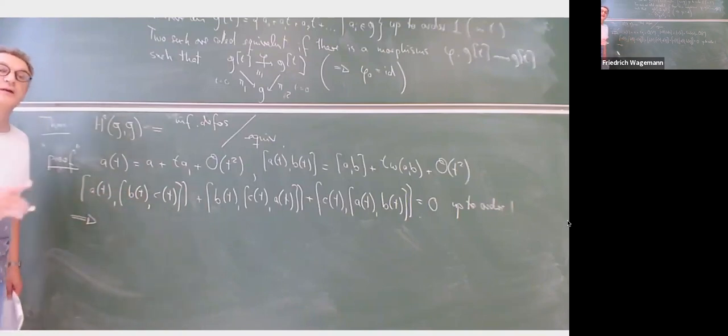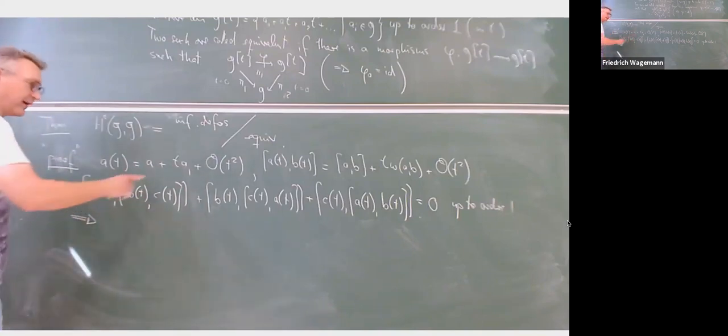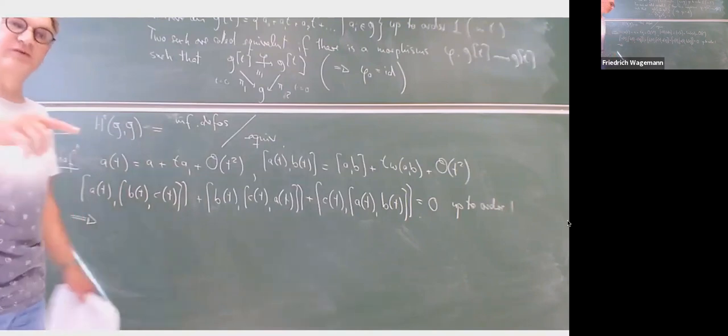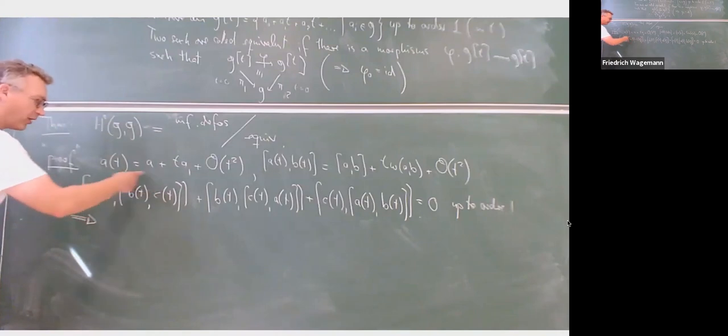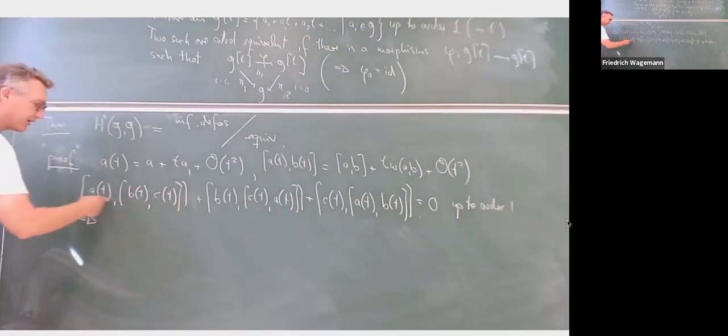Only one can be in t, otherwise it goes into O(t squared).